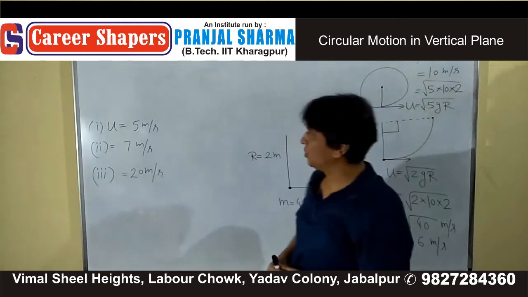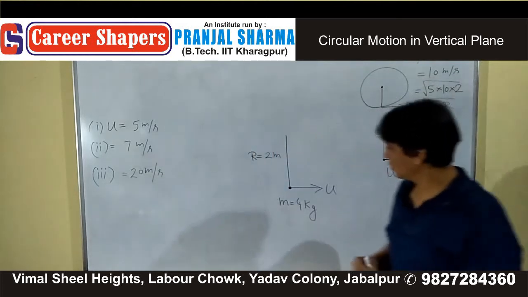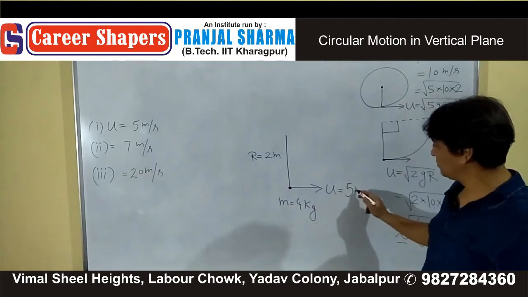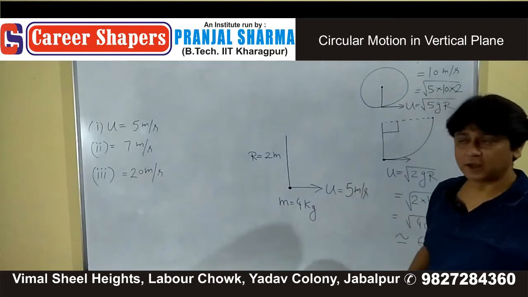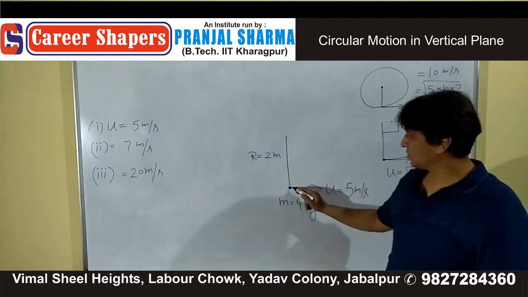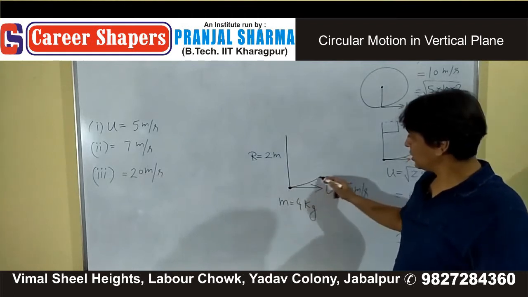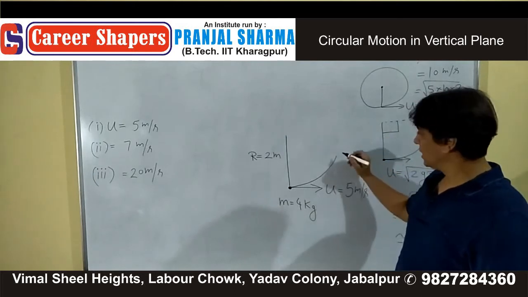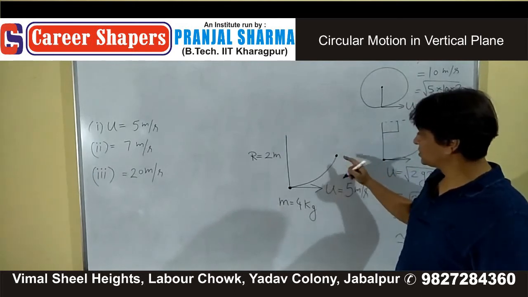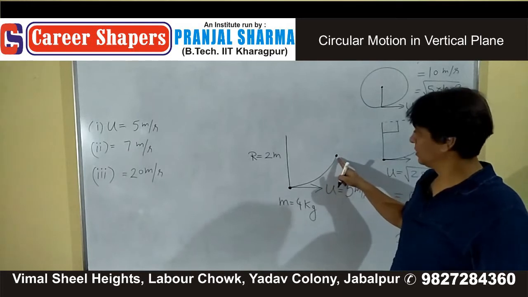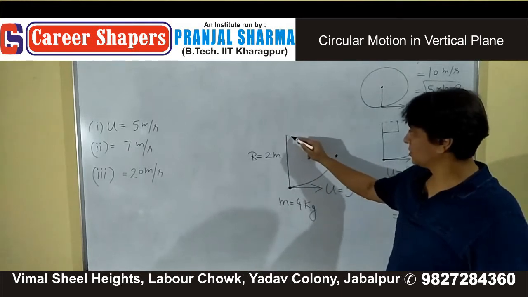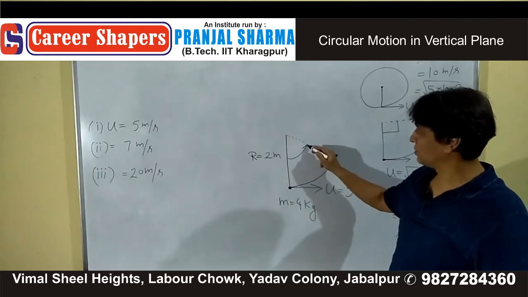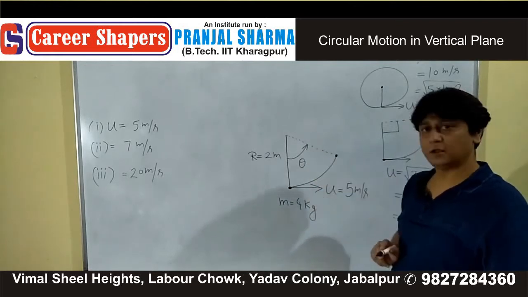So when you take u as 5 meters per second, this object will not be able to reach the 1/4 mark. It will stop somewhere here. Once it stops, the question says find out this theta.